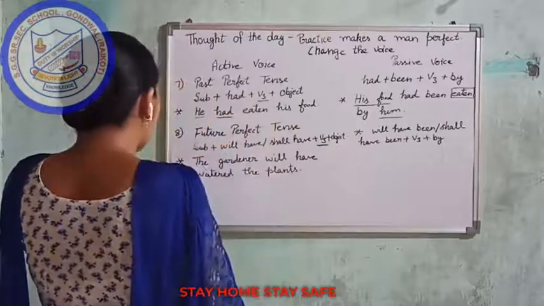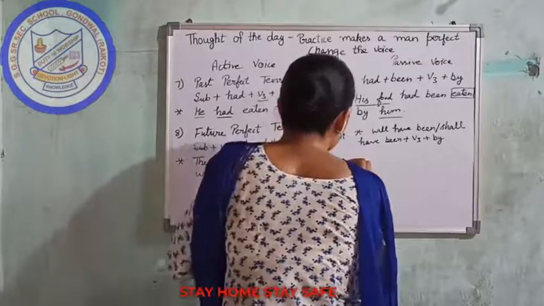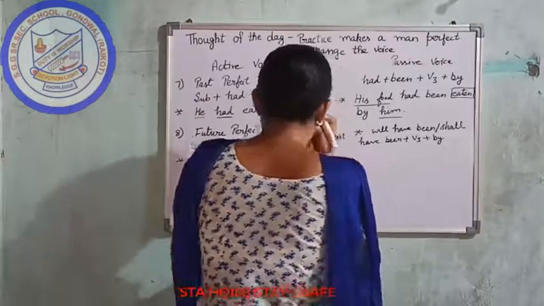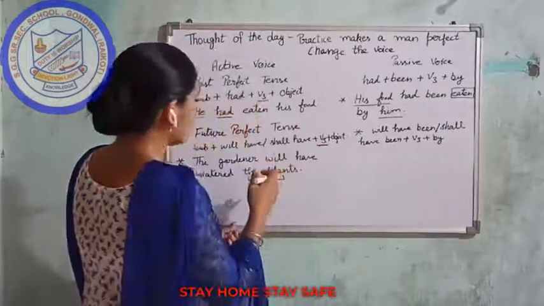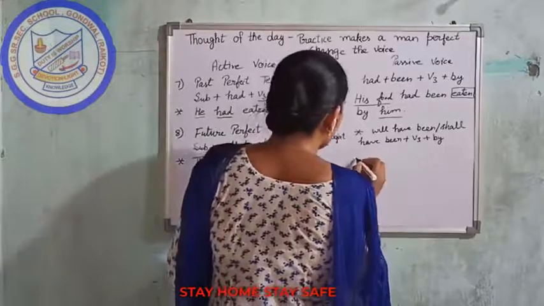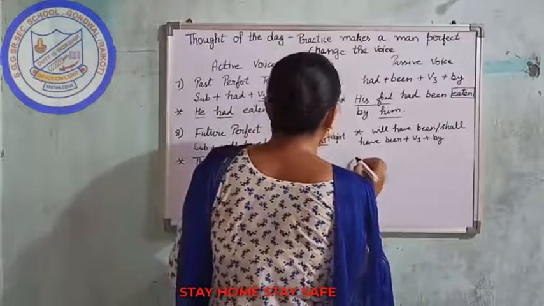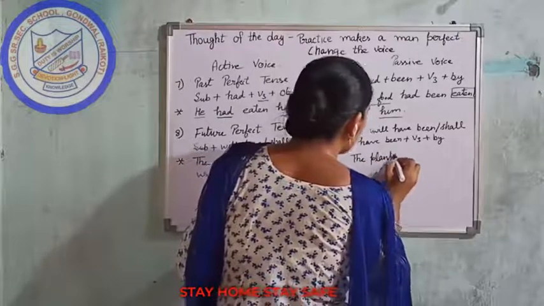In passive form, how can we write it? First of all, we take the object of the active voice as the subject: the plants.